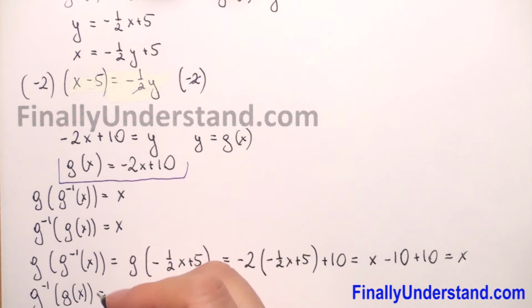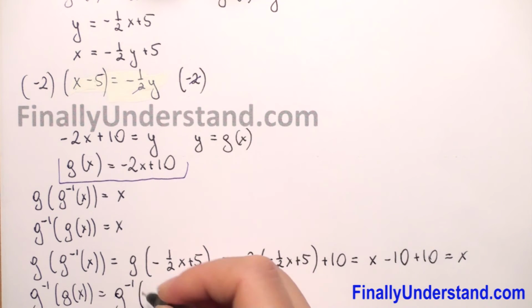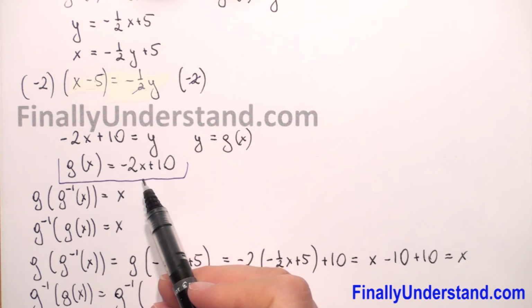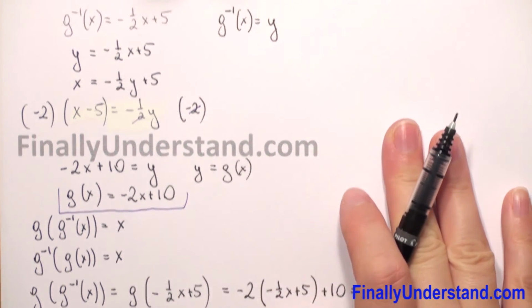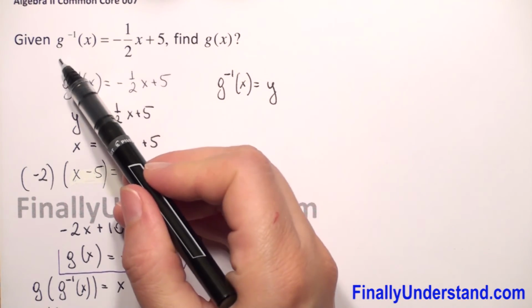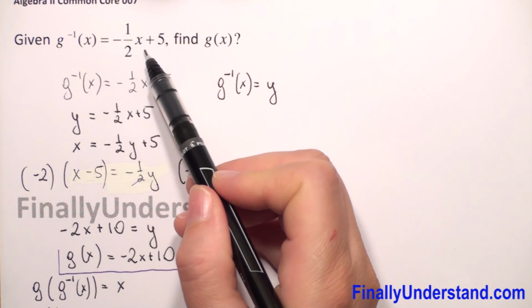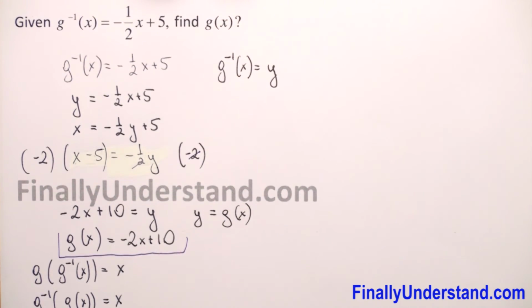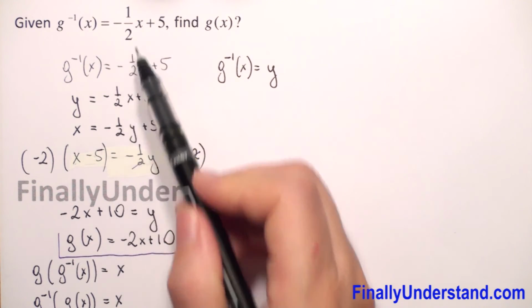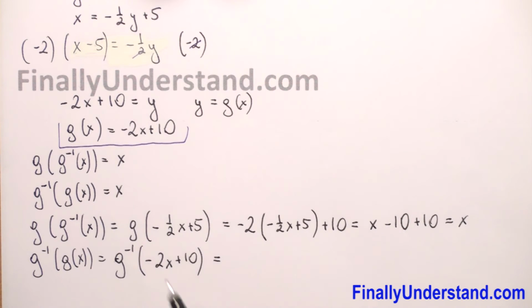And now we have to check the composition of inverse function g and g is equal to x. We have the inverse function of g of x, which we calculated is negative 2x plus 10. Now we go to our inverse function g, which was given at the beginning: negative 1/2 x plus 5. In this formula, we substitute x by whatever we have in parentheses.